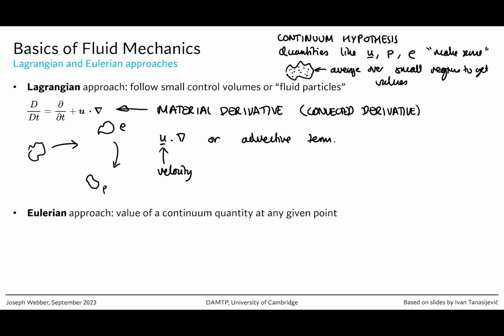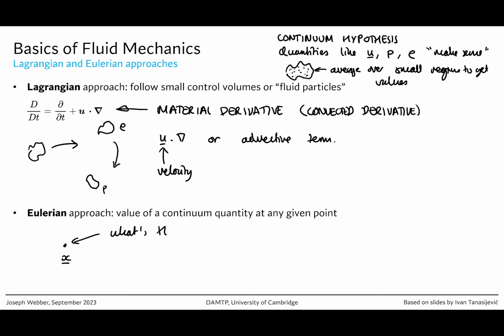So this parcel might move to an area where the material properties are different, and therefore they might vary, not because they're varying purely with respect to time, but because this parcel is now in a different place. This can get a bit complicated, so perhaps the easiest way to view fluid mechanics for many different contexts is an Eulerian approach, where we fix a point in space and we say, what's the pressure here?